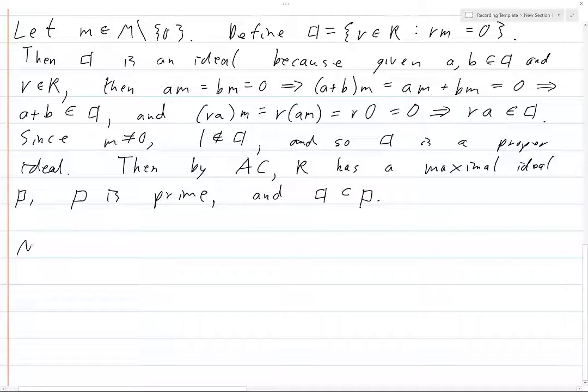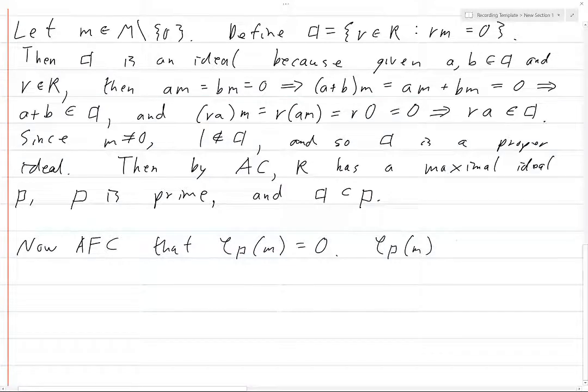So now we're going to do a contradiction argument. Assume for contradiction that phi p of m is equal to 0. So what can we conclude? Phi p of m is equal to m over 1 by definition, because that's just the definition of this map: you send everything to the thing over 1.